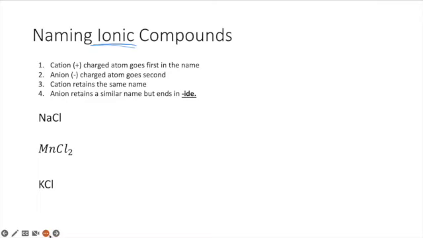So I have a list of rules for each type. So first, you have to be able to identify what type of molecule you're trying to name. So if it is an ionic bond, it's because it's between a metal and a non-metal, and therefore we will name it using these types of rules.